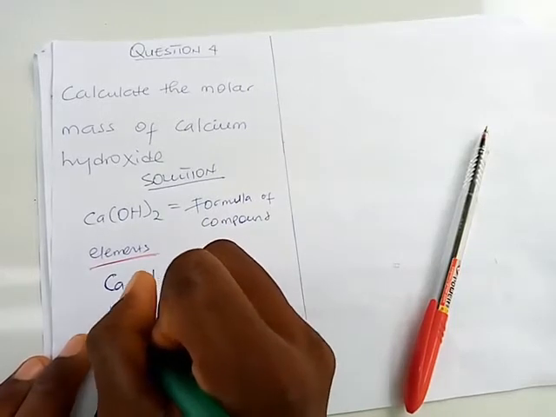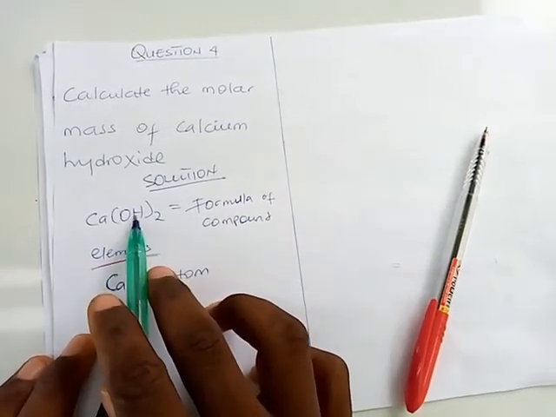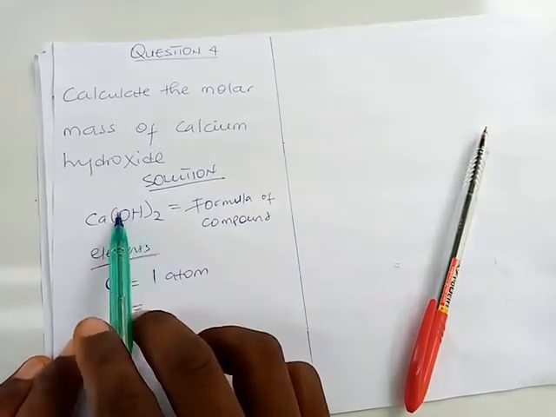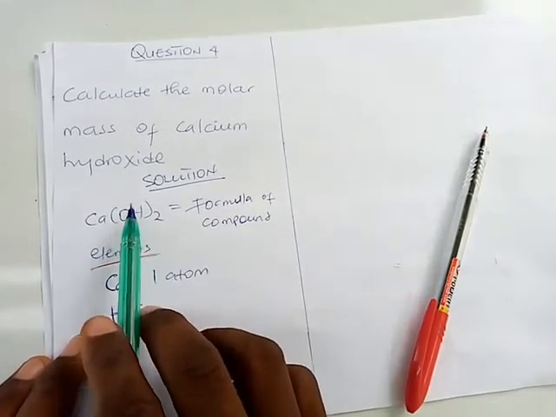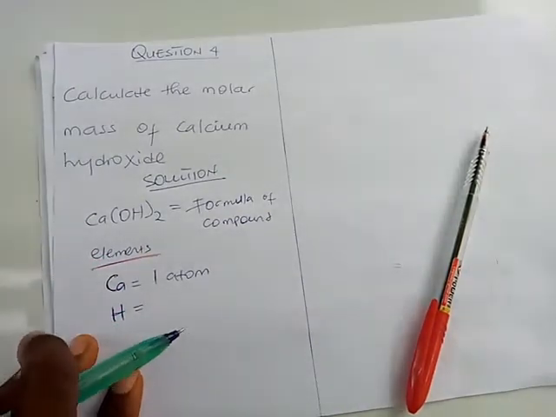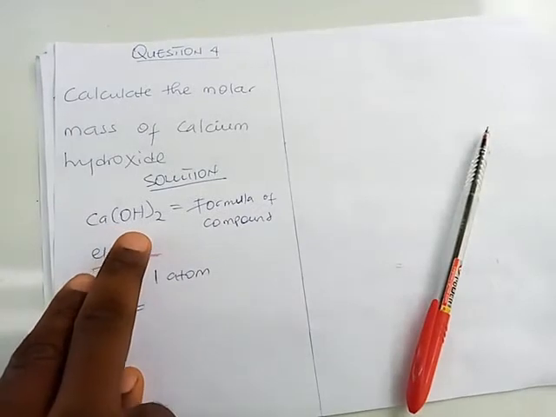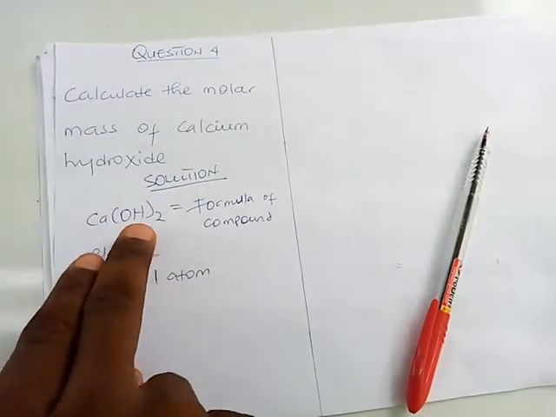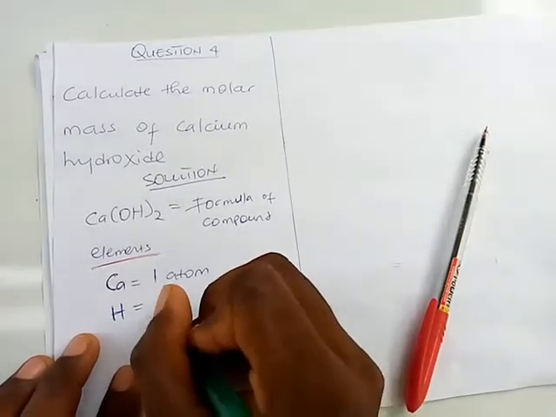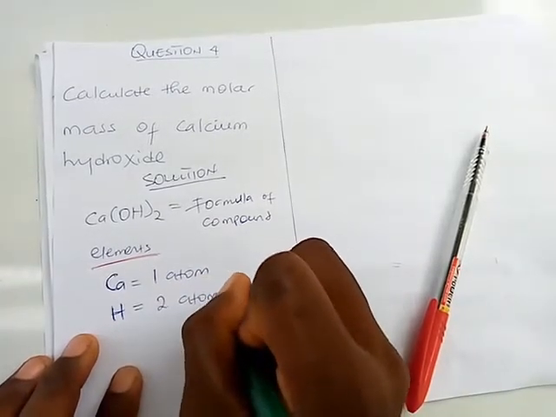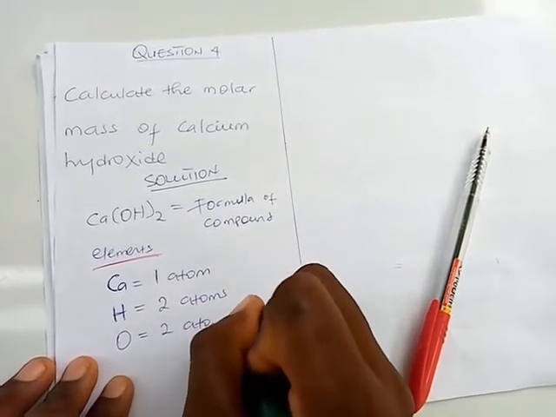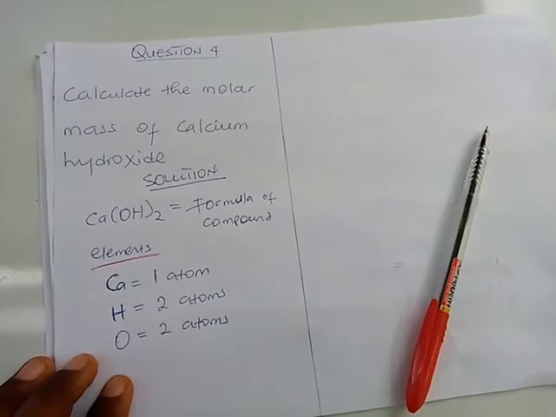Hydrogen, but here we have 2. What this 2 means is that we have these hydroxide ions. Look at this hydroxide ion, 2 moles of the hydroxide ion in this particular compound, and that means we have 2 atoms of hydrogen and 2 atoms of oxygen. So here we have 2 atoms for the hydrogen and then 2 atoms for the oxygen.